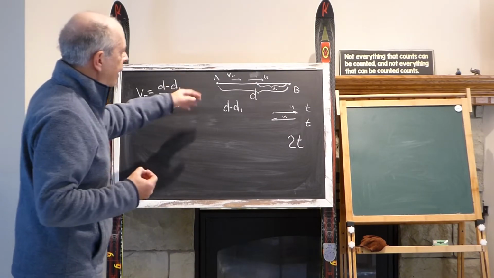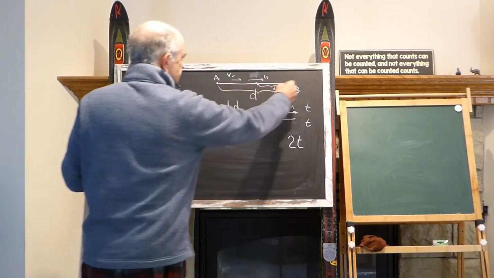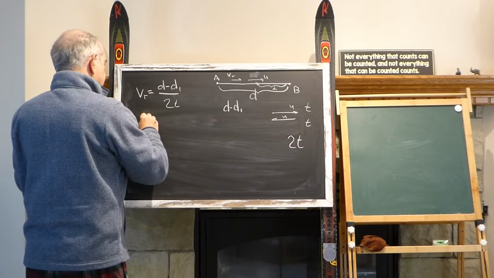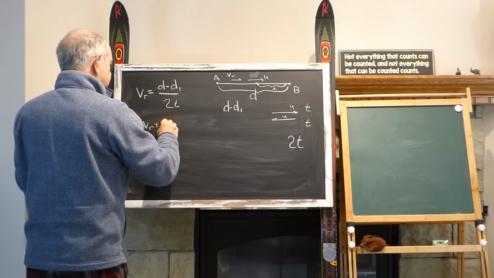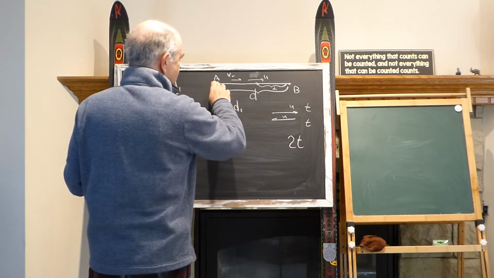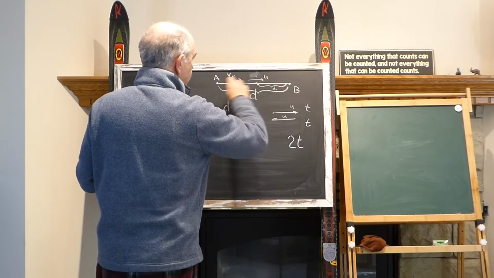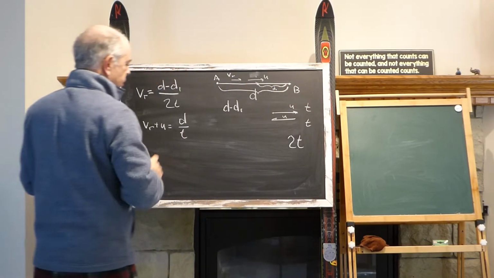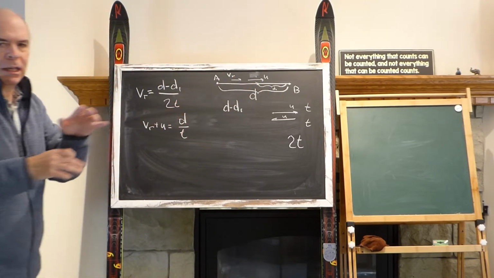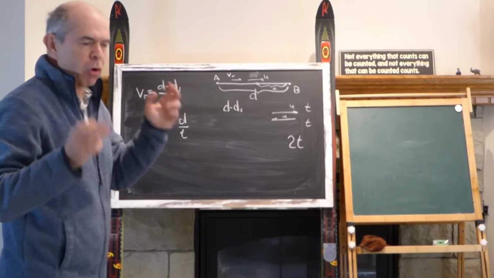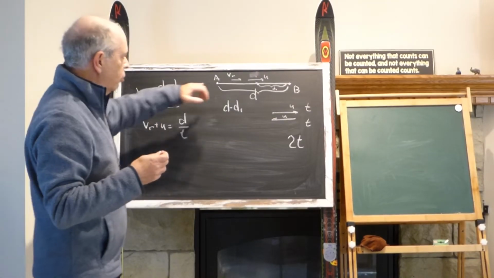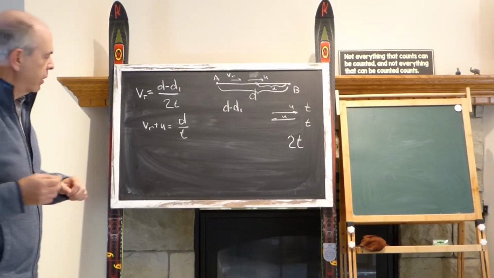So how can we find the speed of the boat? Well, this is even more straightforward. V river plus the speed of the boat equals d divided by t, because it said that it took the boat t to go from A to B. So d over t is the speed of the boat downstream, and now we're back to the coordinate system that's connected to the shore, to the earth, not connected to the moving craft.